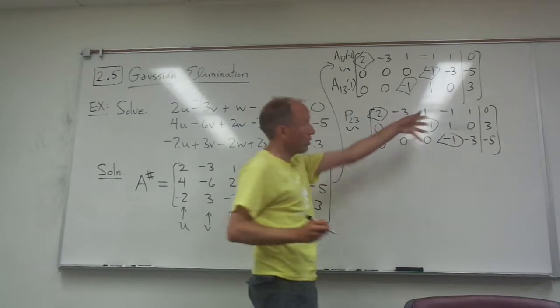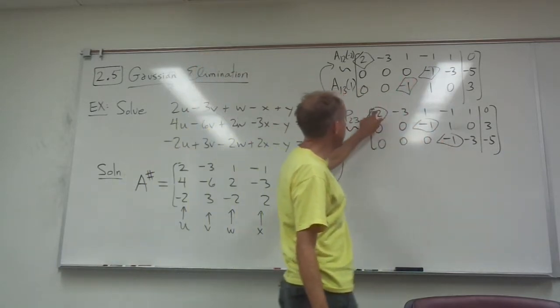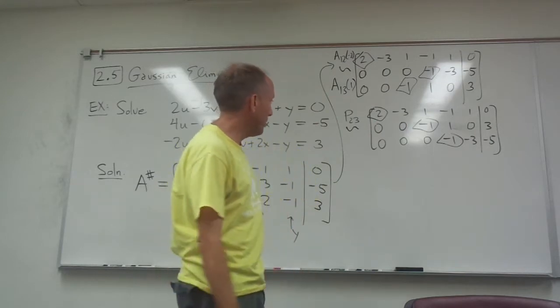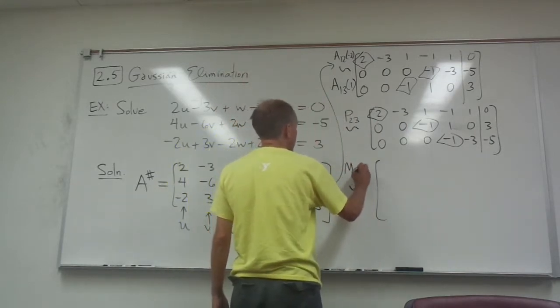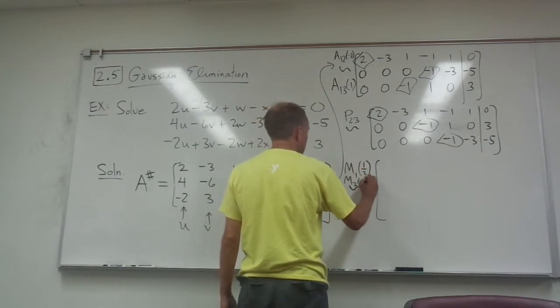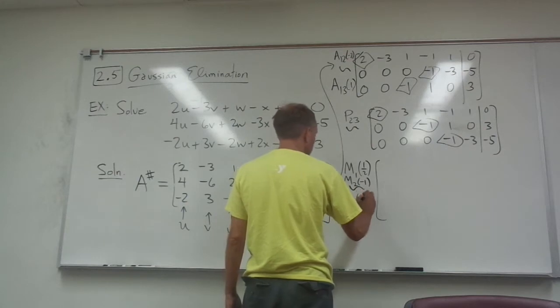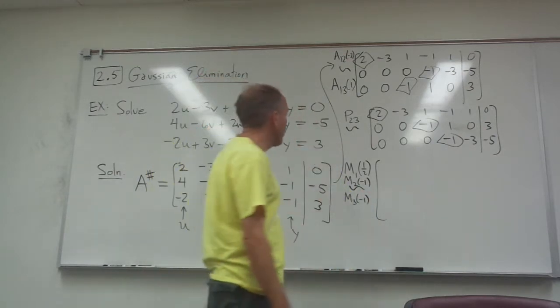Now my pivot structure looks good, and I just need to multiply by the appropriate scalars to make all of those pivots equal to 1. So what I'm going to do here is multiply the first row by 1/2, the second row by -1, and the third row by -1. It's perfectly safe to do all of those at the same time.